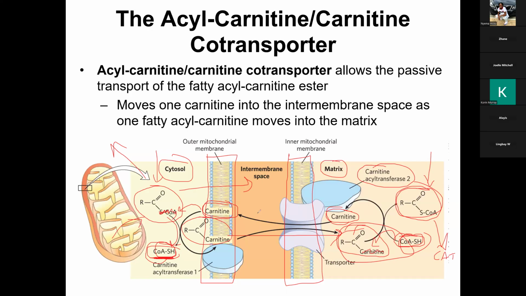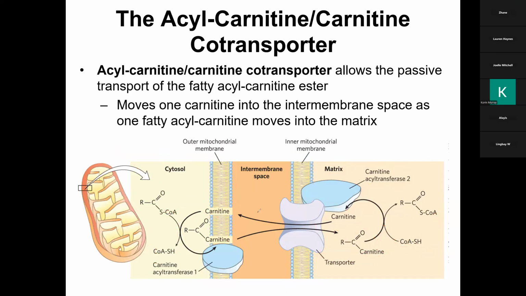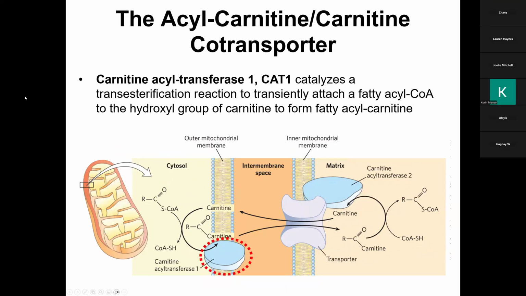So yeah, good question. I was just about to get to that, but let me skip forward a little bit and do the rest of it in sequence. So the first step is that CAT1, carnitine acetyltransferase 1, does a transesterification. Trans means to exchange.